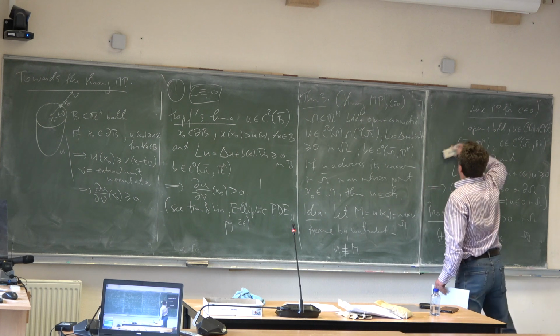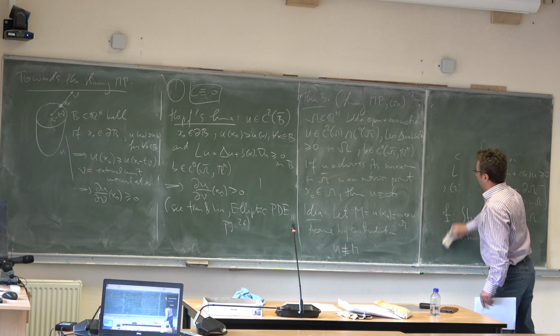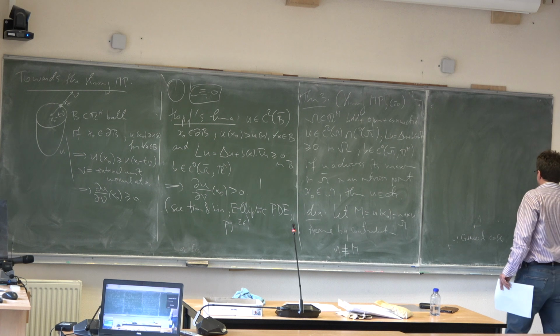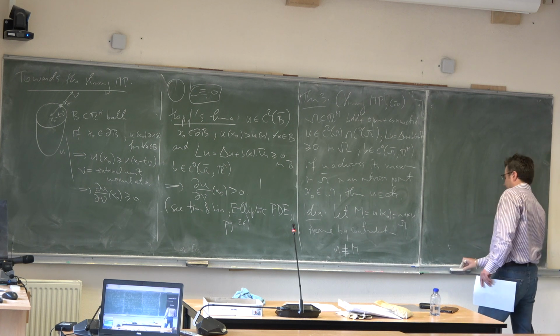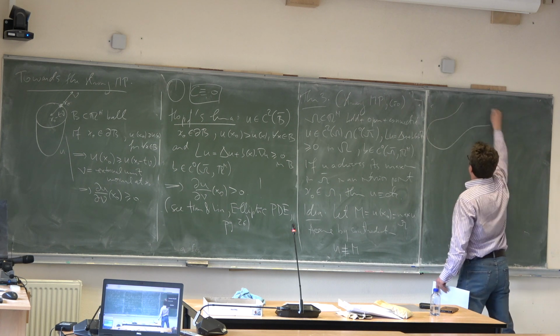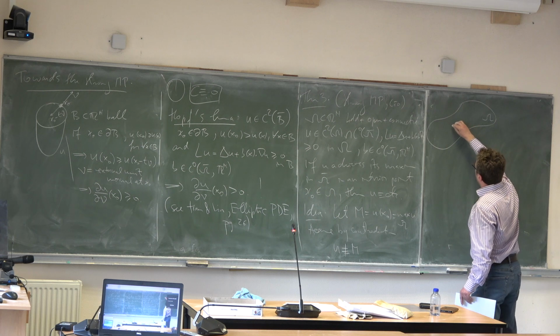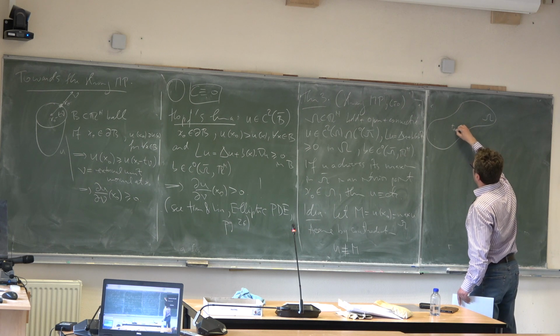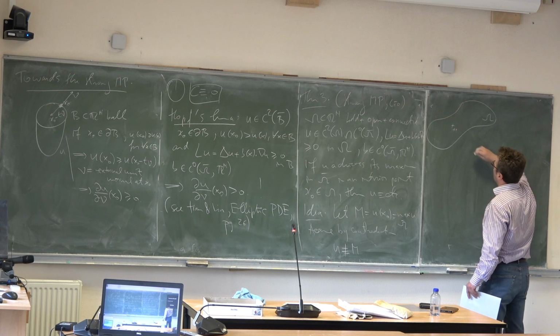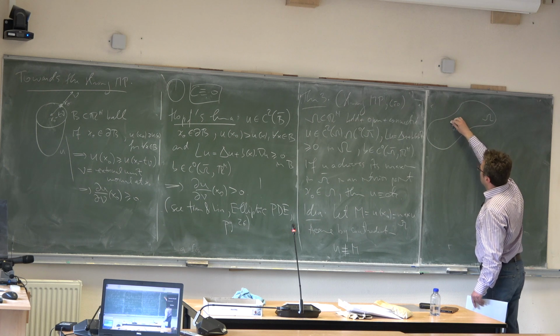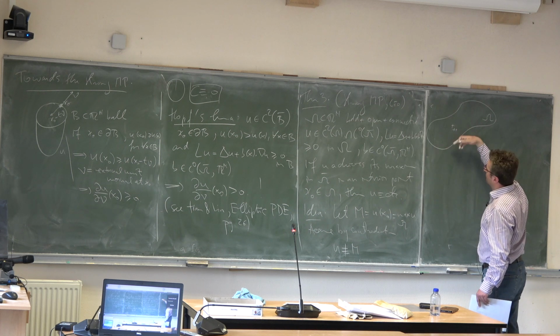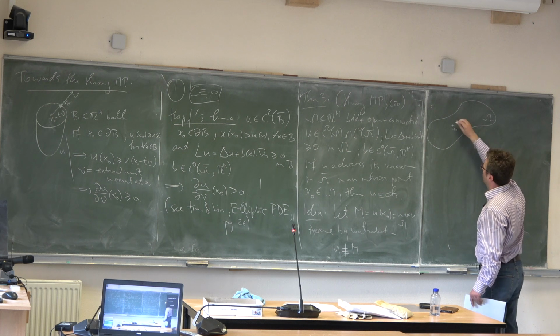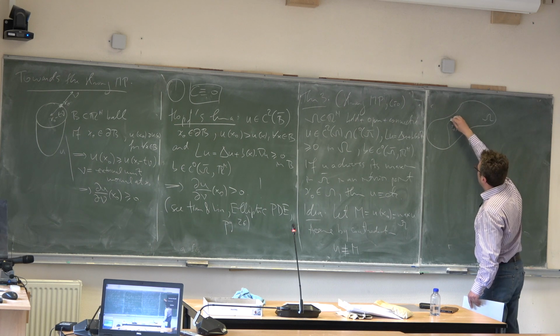So this means that in your domain you have points where u is less than m. Say this is x0 where u is m. You know that you also have maximum points at the boundary, by the weak maximum principle. So maybe the set where u is m is something like this.